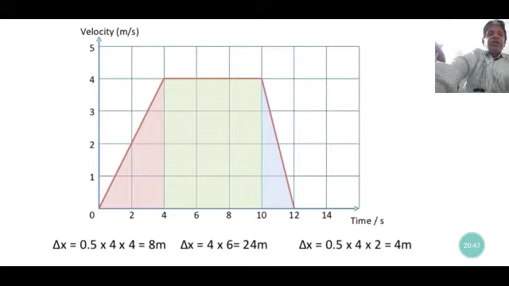Now the area of the green rectangle would be 24 meter. The total area gives the total displacement of the object in the time interval 0 to 12 seconds.